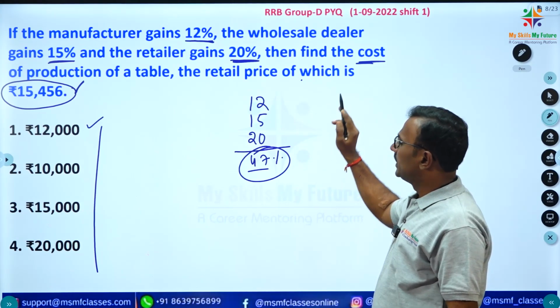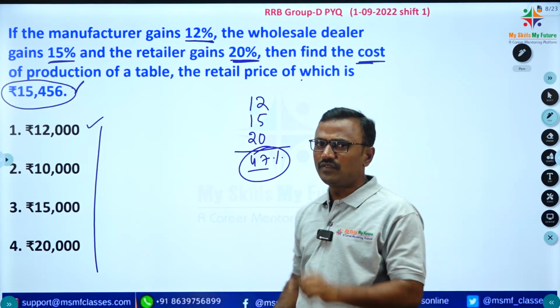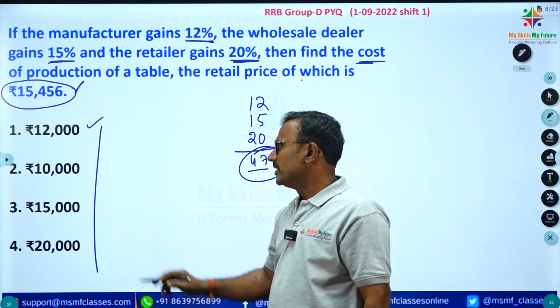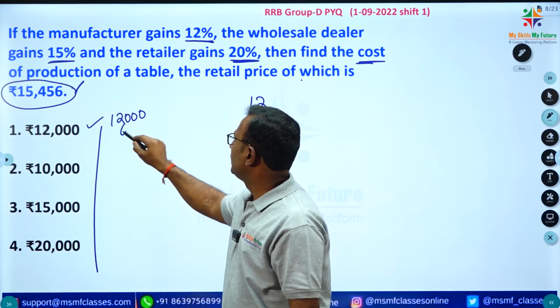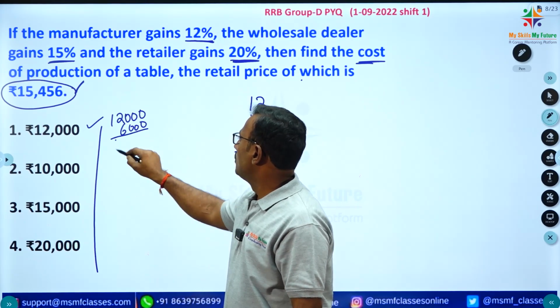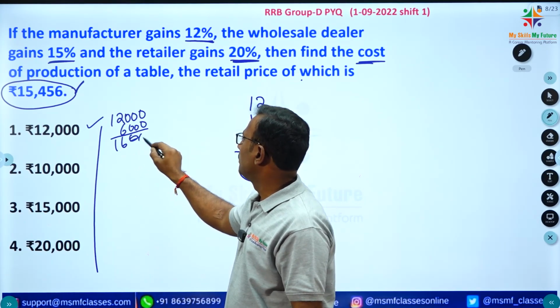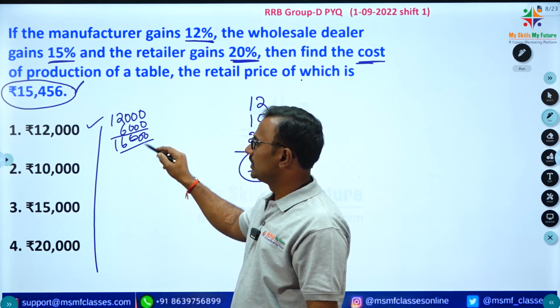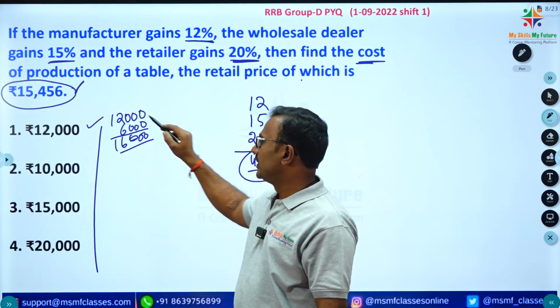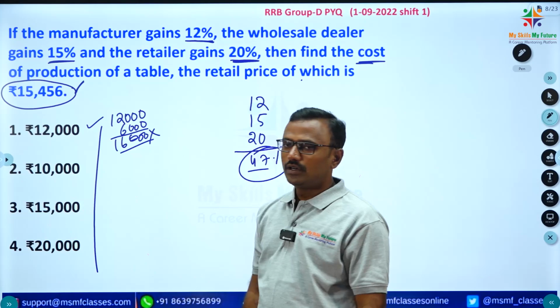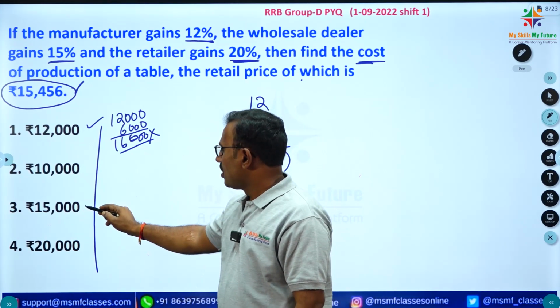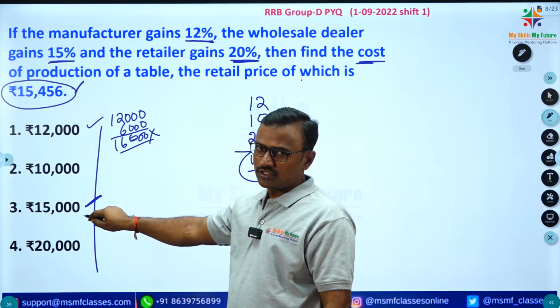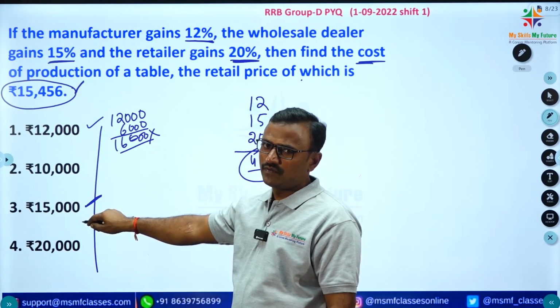So if we increase by 50%, we get more than 16,000. Here we have 15,000, so option 1 is wrong.